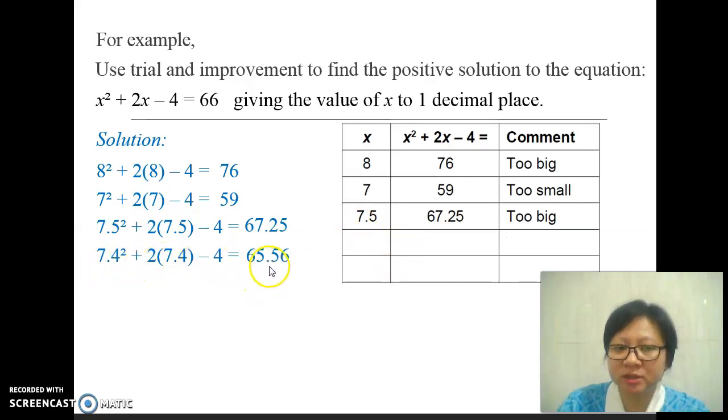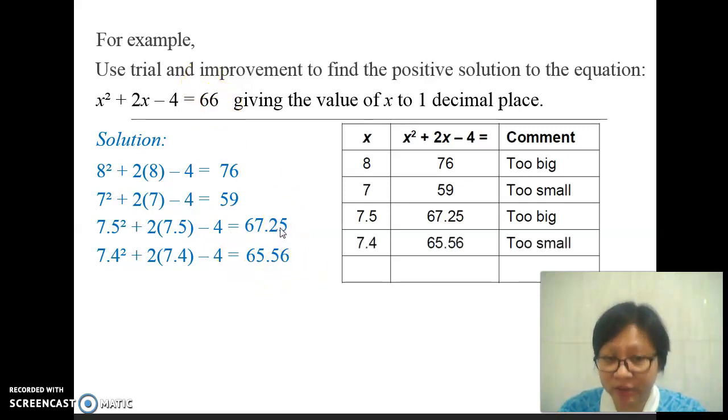You'll get 65.56. It's too small, because 65.56 is less than 66. Now here you have 2 values. 7.5 is too big, 7.4 is too small. You need to find the middle value between 7.5 and 7.4. The middle value is 7.45.